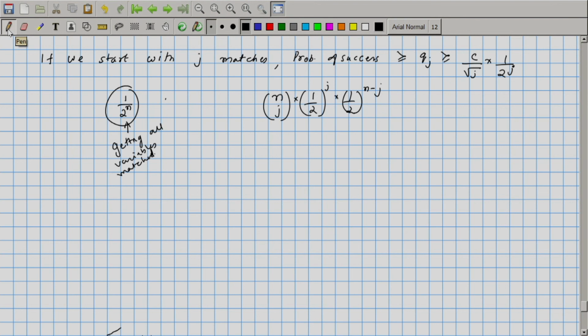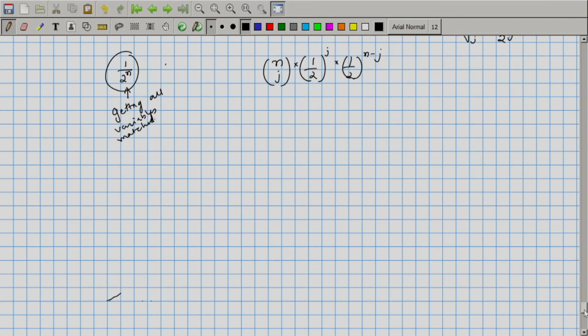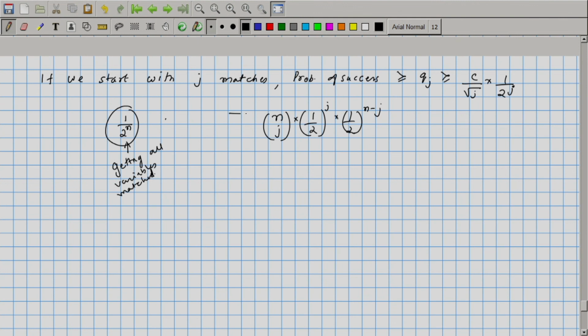If you get j matches, then the total probability of success would be this summed over all values of j multiplied by qj, and this, when you get all matched, you will get it as 1. So, this sum is the probability of success.